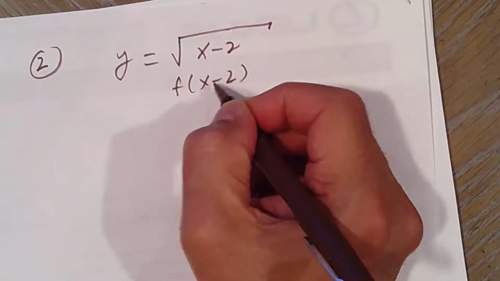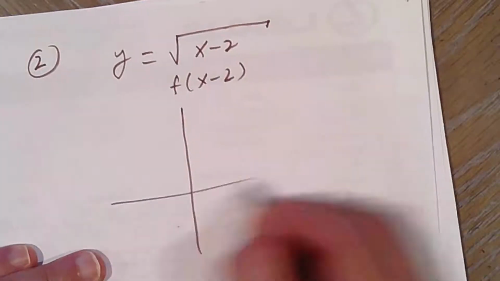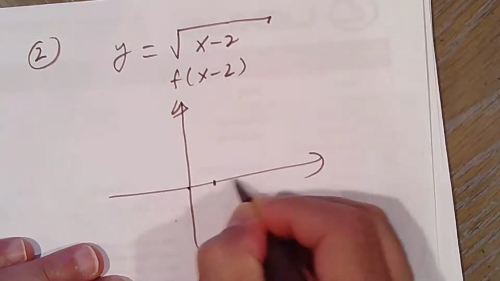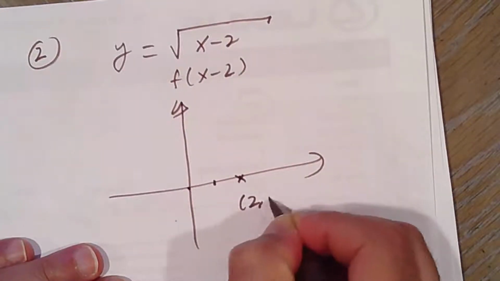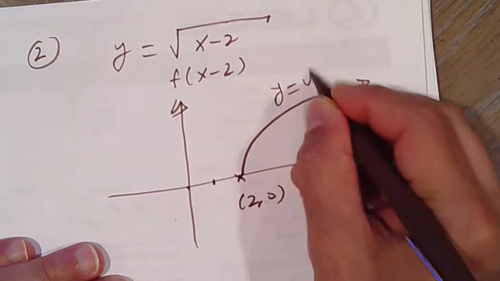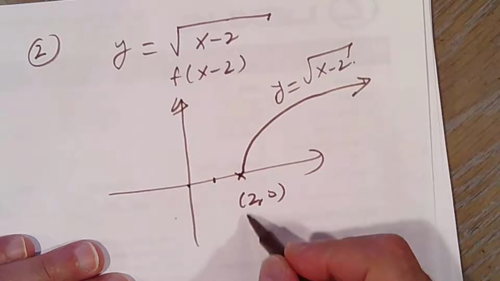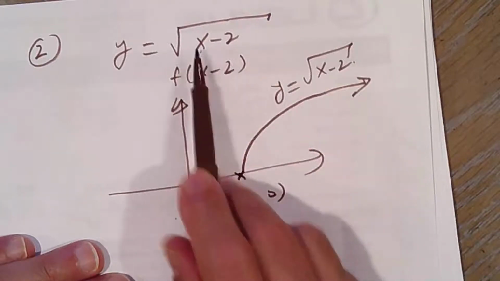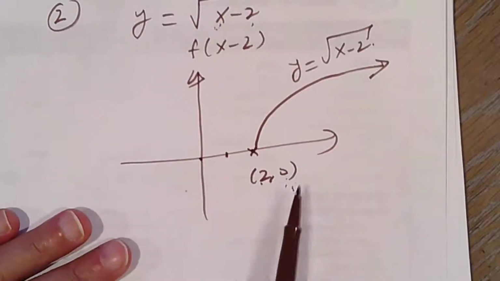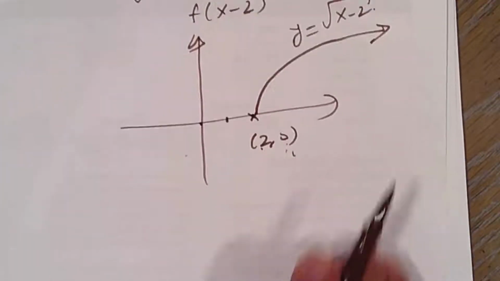It's going to move to the right 2. The basic graph started at 0, 0, so now it's going to start at 2, 0, and then copy and paste the basic graph. You can see that this makes sense because if you put in 2 for x, 2 minus 2 is 0, y is 0. So you have moved the right way.